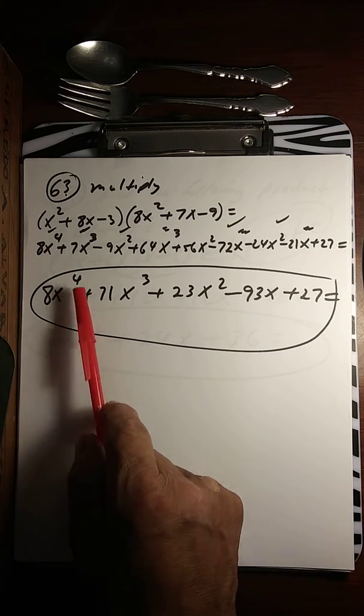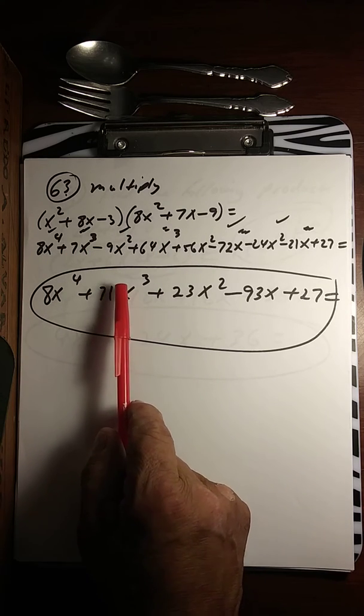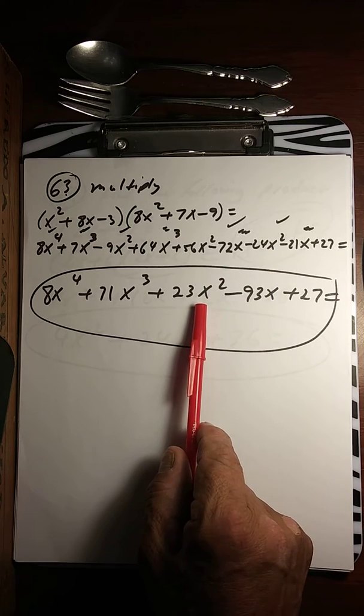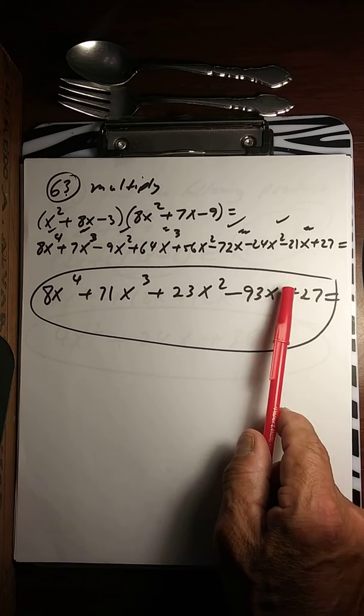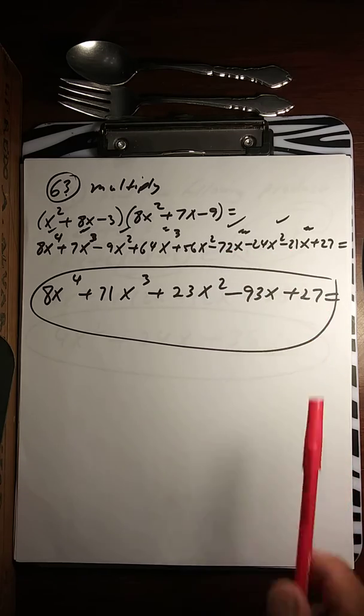That's it. Cubes, that one and that one together, 71. And squares and squares and squares is 23x squared and negative 93x. We have x's and x's, negative 93x and 27.